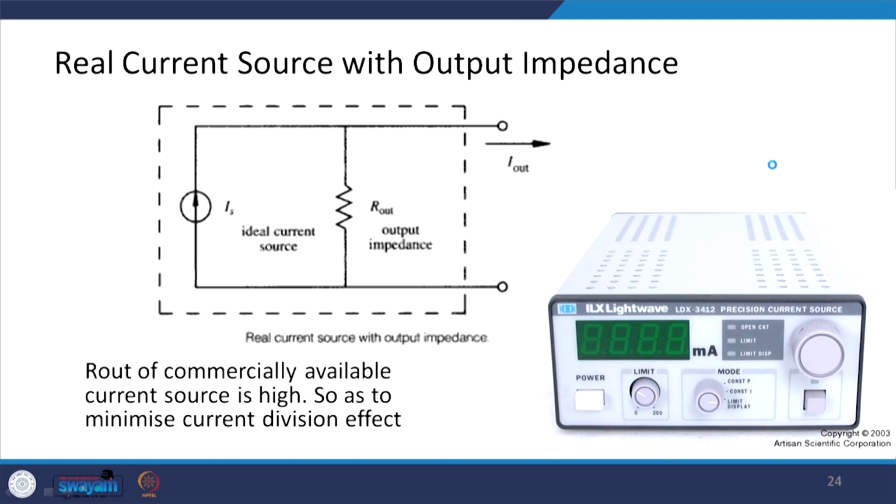Similarly, say we have a real current source over here, with output impedance. So, this is how it can be represented, and this R out of a commercially available current source is very high, so as to minimize the current division effect.